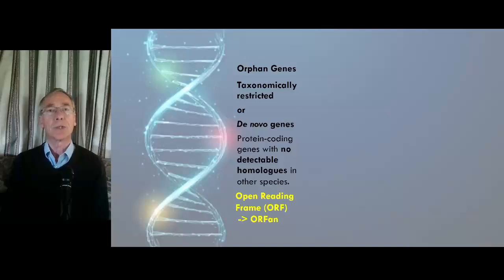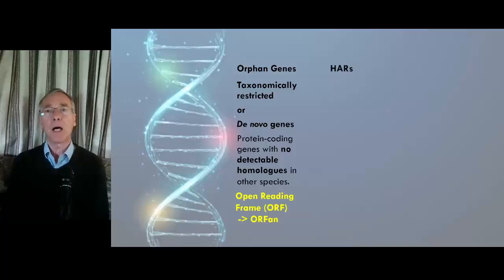And these sections of DNA that we find are only in a particular species and not in all species have no mother genes, if you like, so they are orphans. So you take the letters O, R, F and add "and" to them and you get orphan genes.